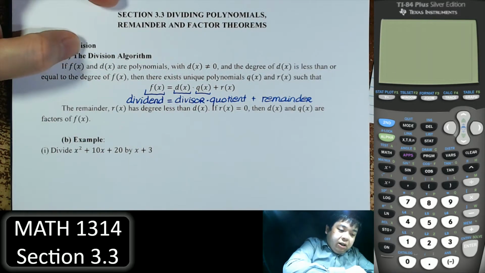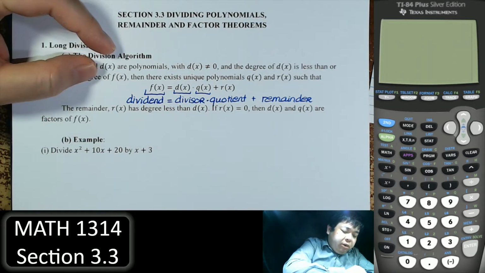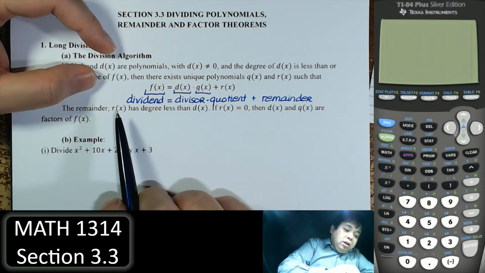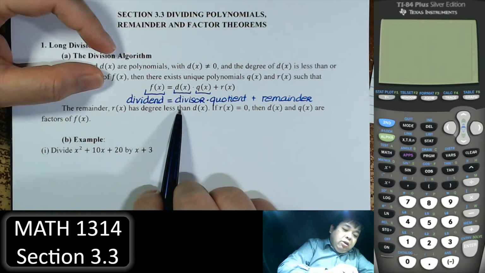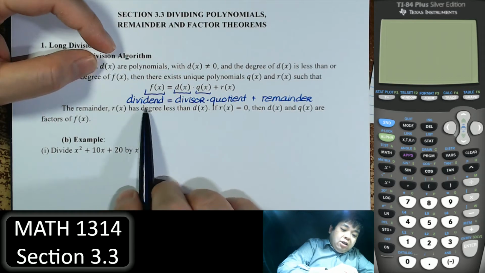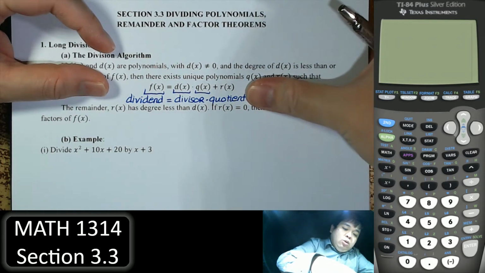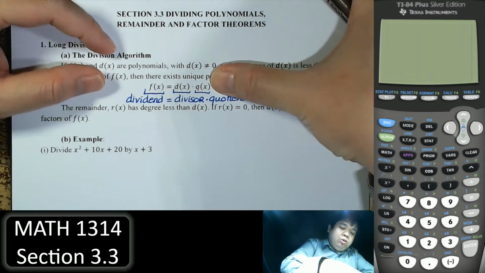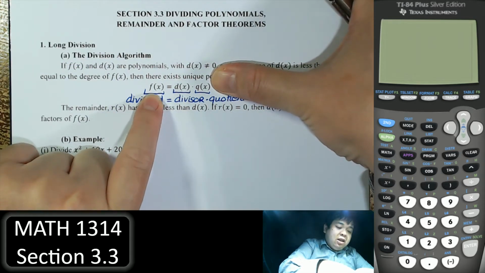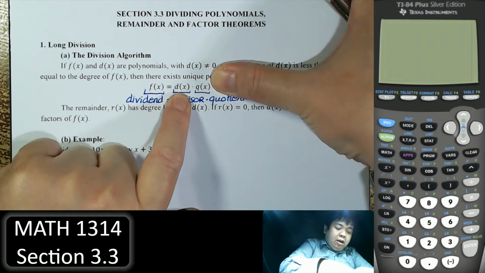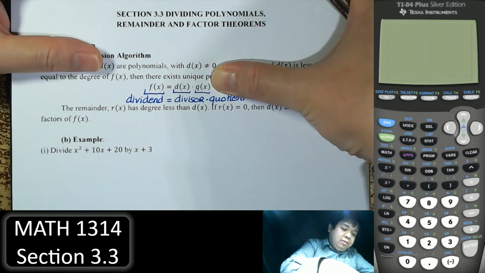That is the division algorithm. Now the remainder has degree less than the divisor, but if the remainder is equal to 0, then f of x factors as d of x times q of x.